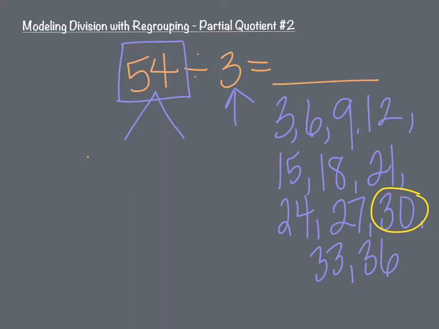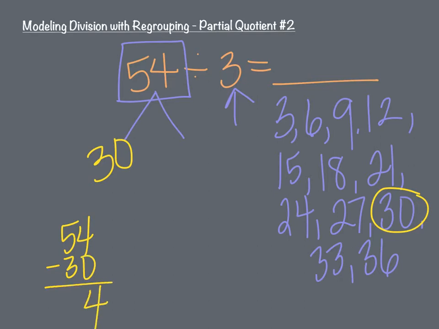So I can break 54 up into 30 and what other number? What is 54 minus 30? Well, let's work it out. 54 minus 30. 4 minus 0? Good, 4. And 5 minus 3? 2. 24. Look at your multiples.